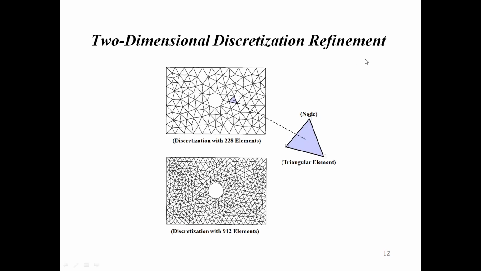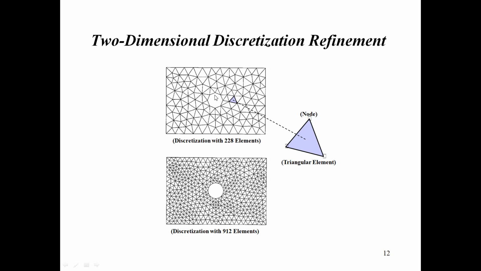Two-dimensional discretization refinement. So this is one example of how the results will vary in the finite element analysis. If you divide that plate into a number of elements, first of all, you can see the example of discretization with 228 elements. The triangle is nothing but the triangular element, and the corners are the nodes. But you can refine that portion, because there is a hole inside that plate.